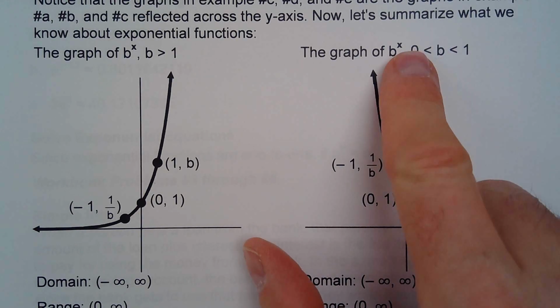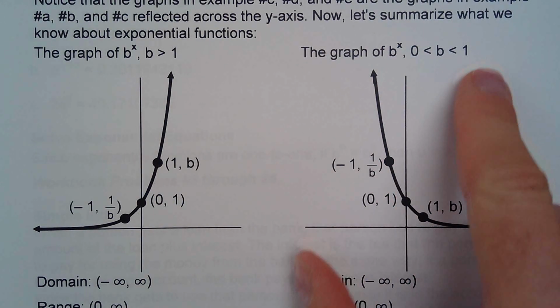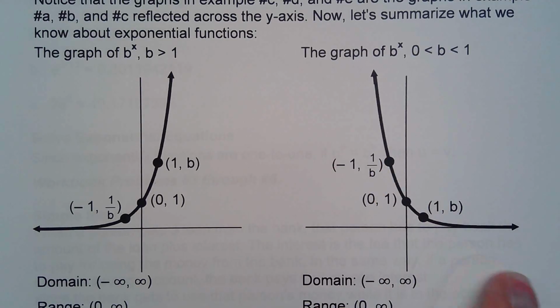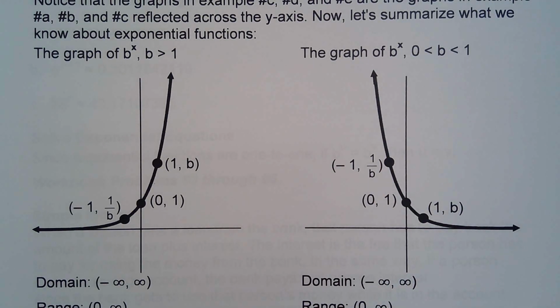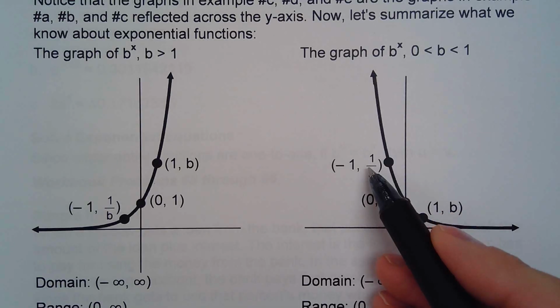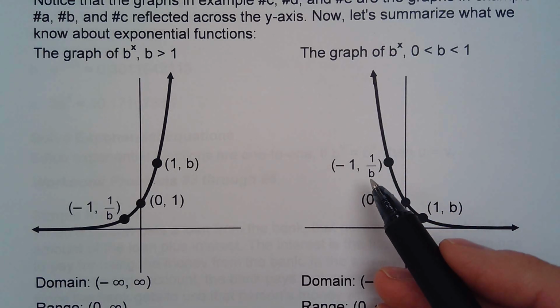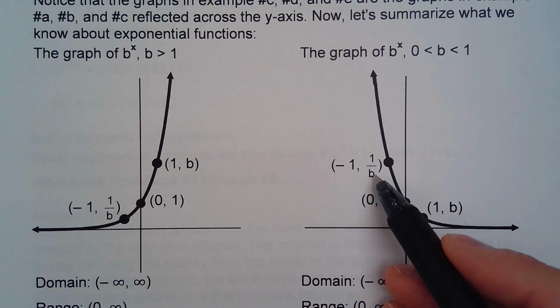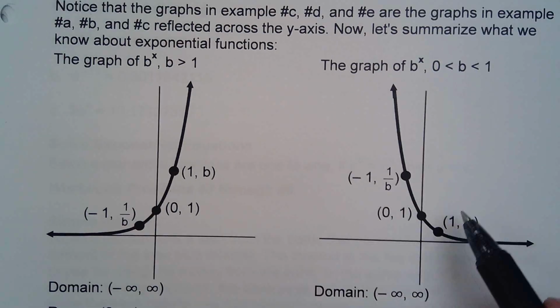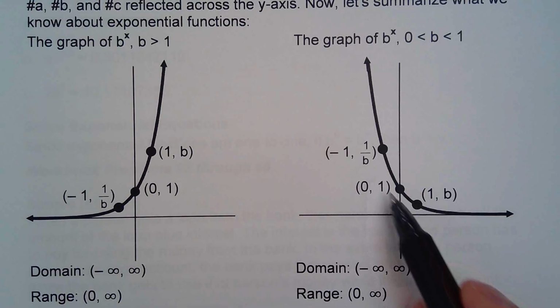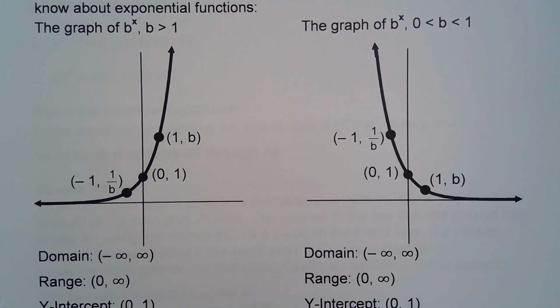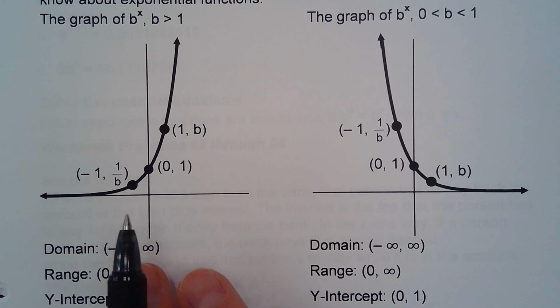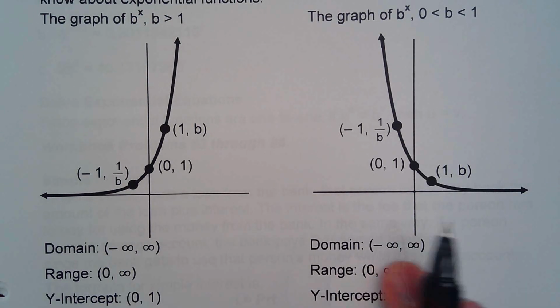If my base is between 0 and 1, then this is going to be my graph. And so notice here that, let's say b was 1/3. If I take the reciprocal of 1/3, that'd be 3, and this would be 1 over 3. Again, the same anchor points. For both of these, the domain is all real numbers.